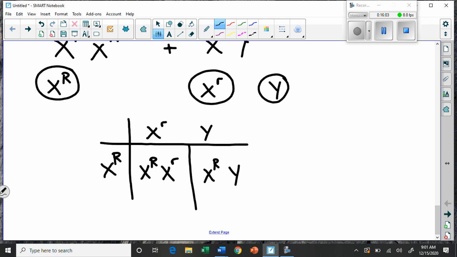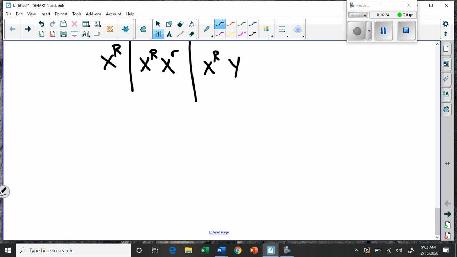There's no way to get a white-eyed anybody in this particular cross. The only way to get a white eye would be if you had a white-eyed male and it was being mated with, well, actually, you could get a white eye, as long as the female is carrying the gene, I think it would work. So let's do this example.